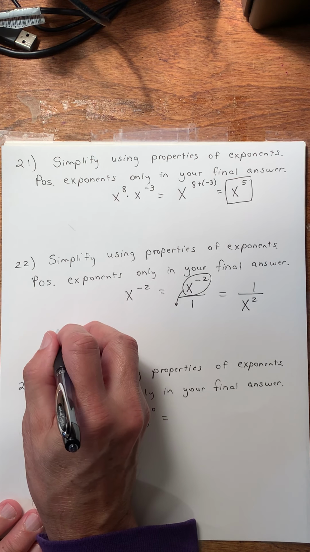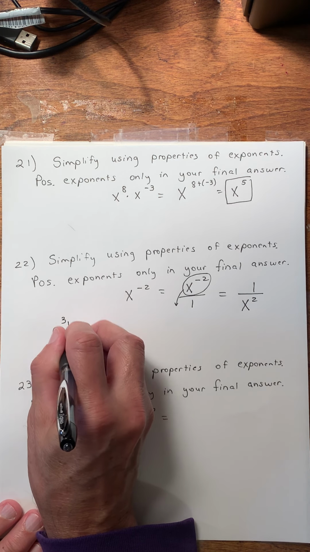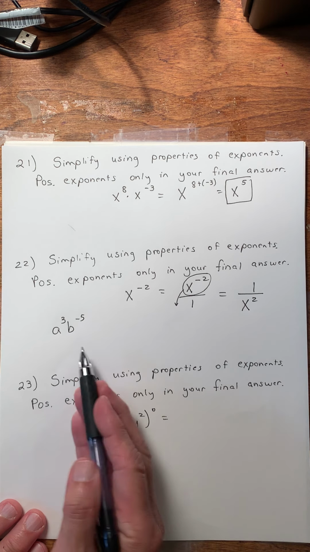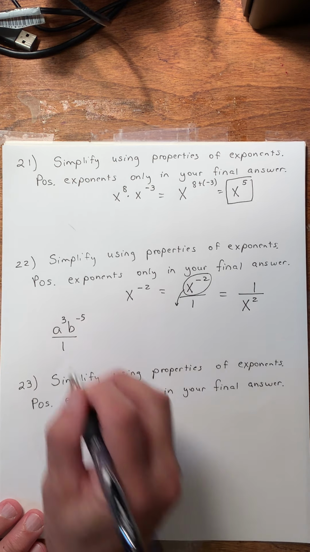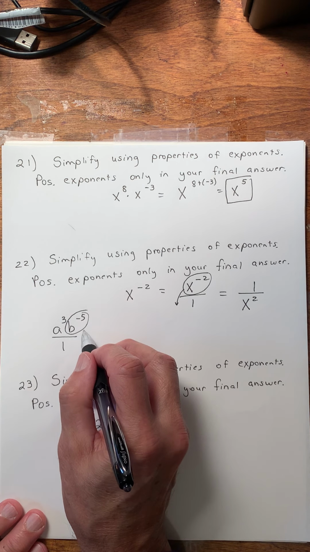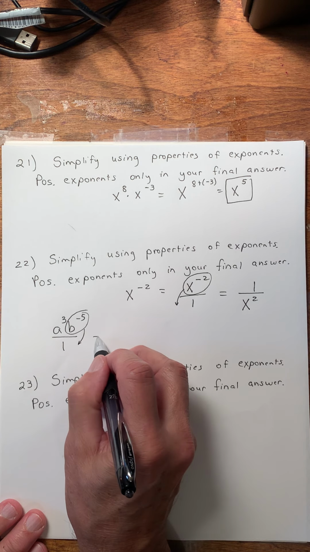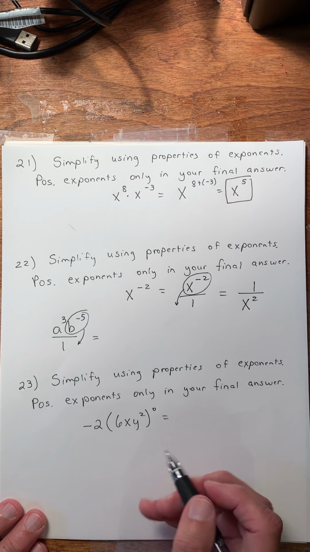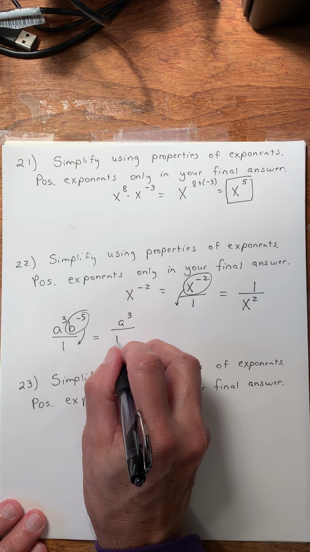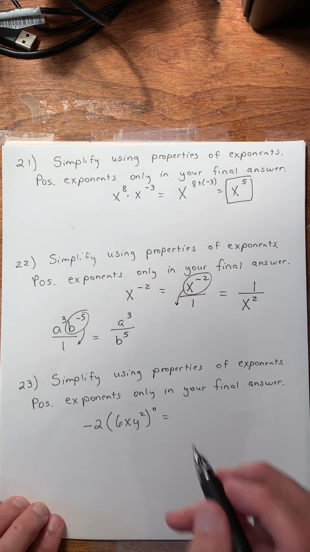Hey, if I had something like this, a cubed b to the -5. Hey, I don't have a fraction. Yeah, you do. You always have a fraction. So whatever is the problem, the negative exponent, move to the opposite part of the fraction and change the sign of the exponent. What if it's something like this?